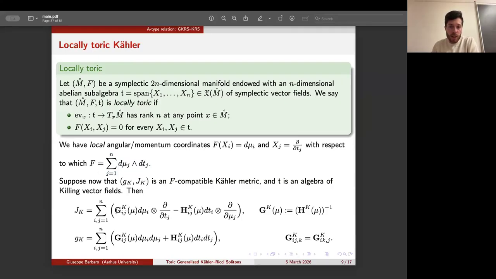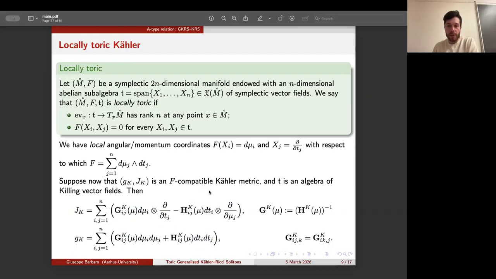You just need a matrix G, which has to be symmetric and positive definite, and then you call H its inverse, and then you construct your complex structure and metric in this easy way.